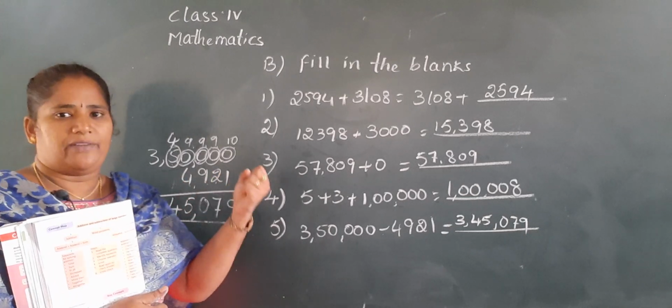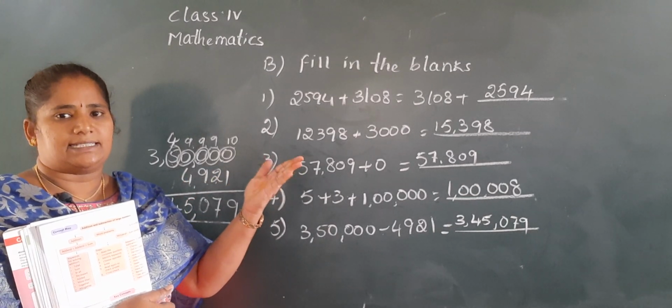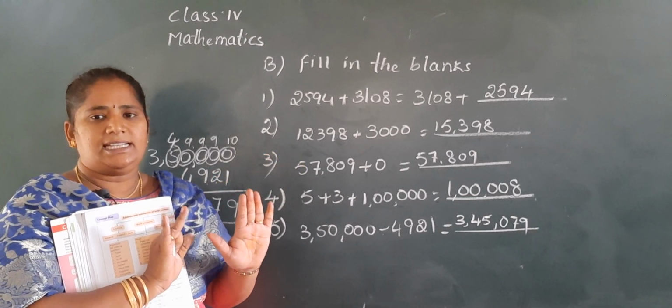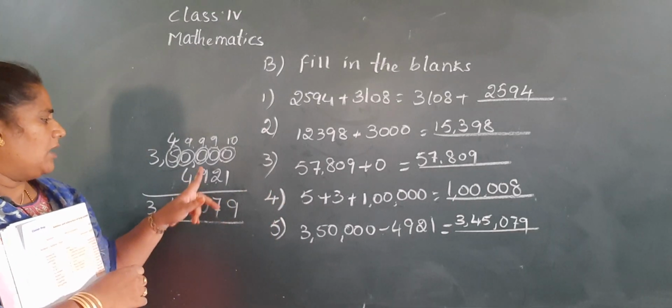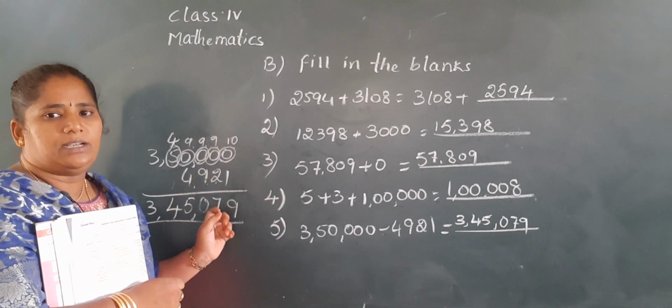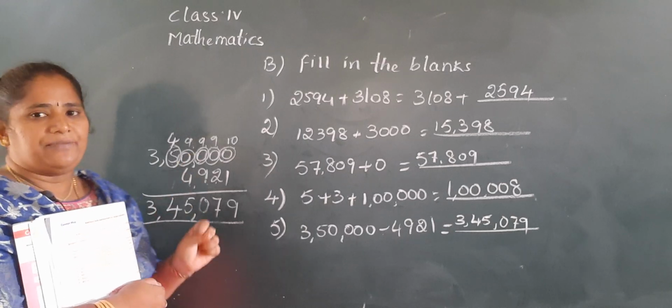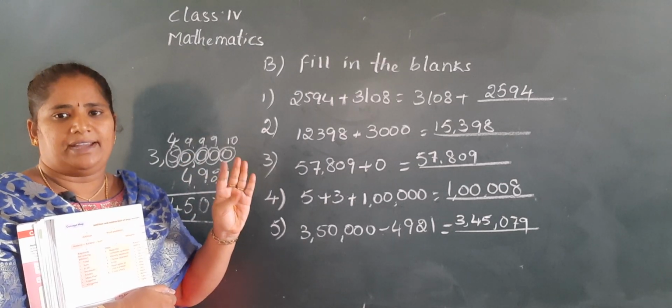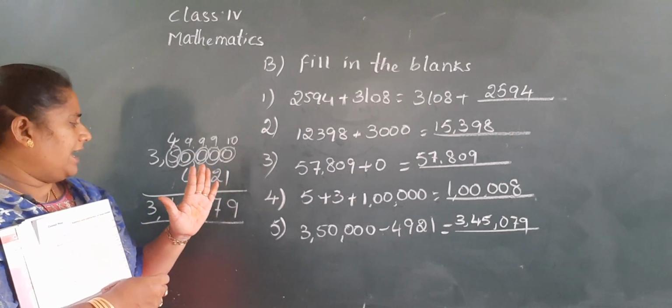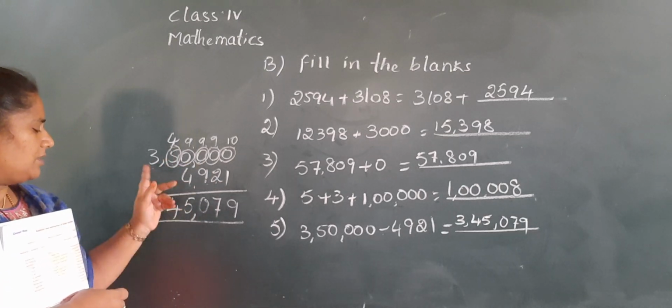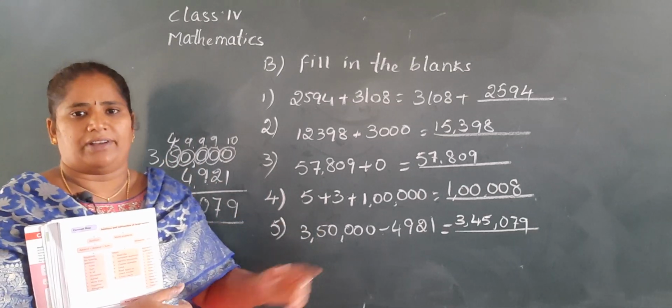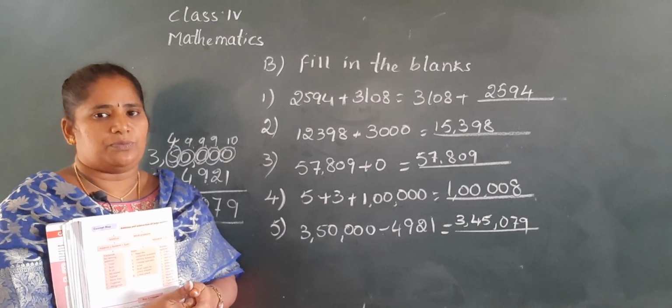Now number minus same number equal to 0. And 4 to 9, 5. And here 4. So 3,45,079. Note it down in your textbook, children.